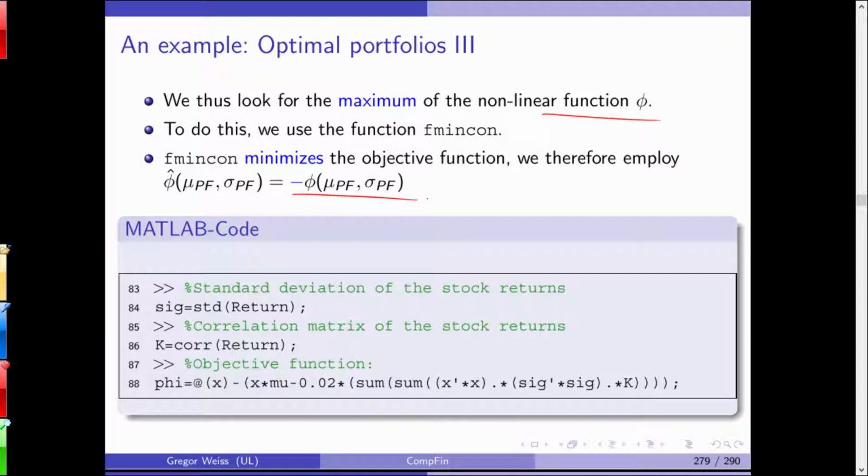Again, remember that all standard functions in MATLAB minimize, so as we want to maximize the utility function, we have to minimize -phi. This is actually quite simple. Take the standard deviation of the stock returns, we'll take the correlation, the objective function is phi of x: x times mu minus 0.02, that is 1/50, times the variance of the portfolio, which is given here.